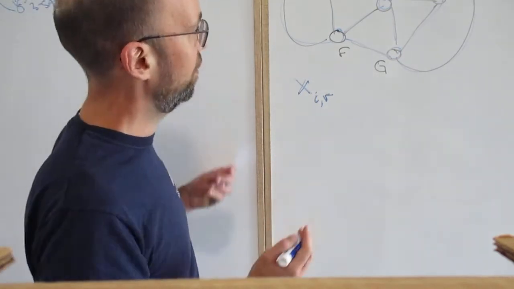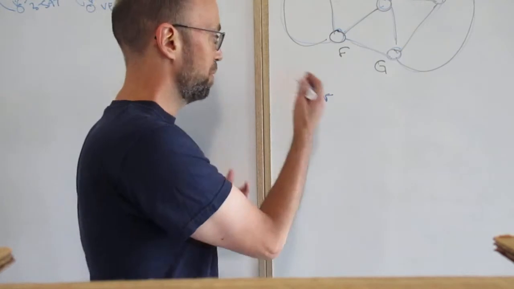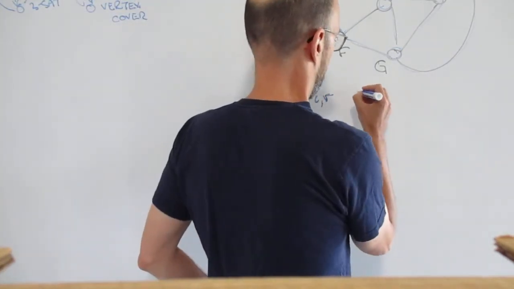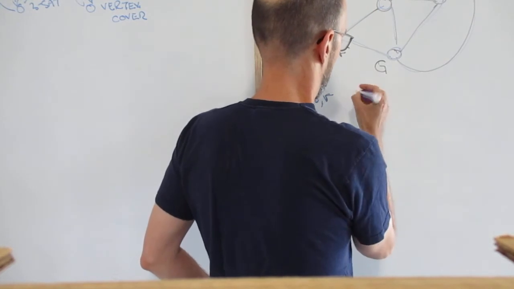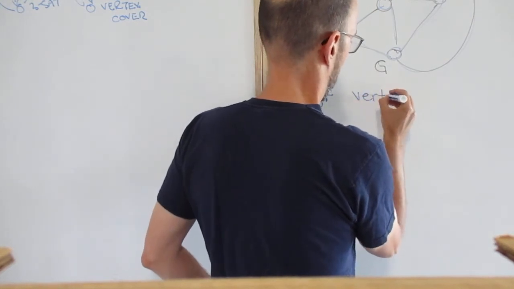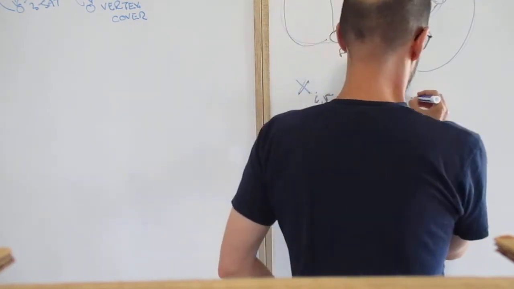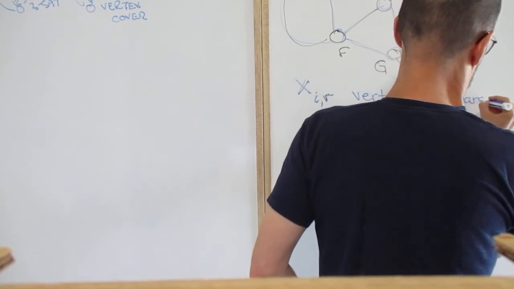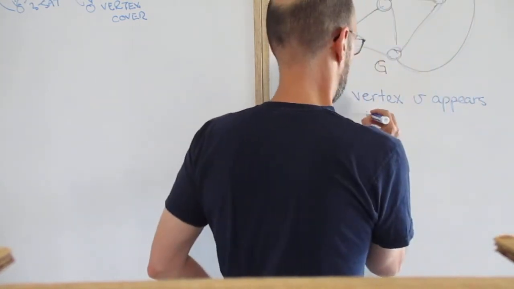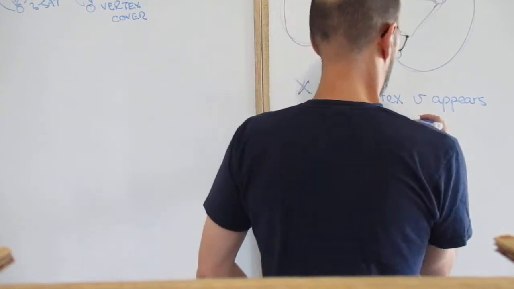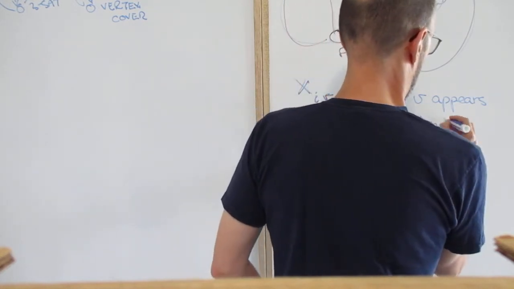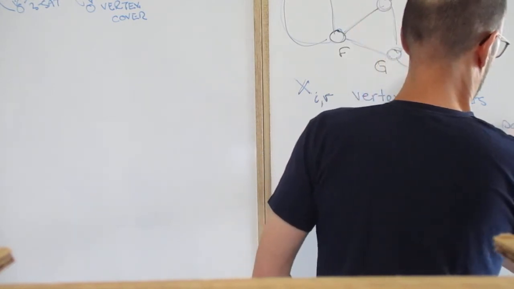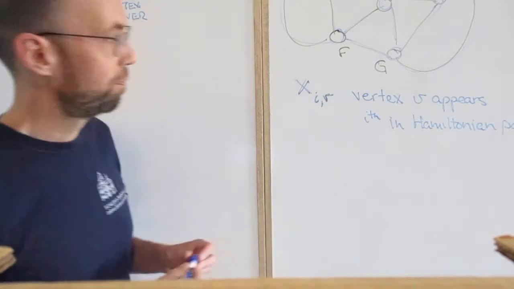Okay, so I have diagrams in black, writing in blue, or maybe you can see it when I write in both. So this means that vertex v appears ith in the Hamiltonian path. Okay?